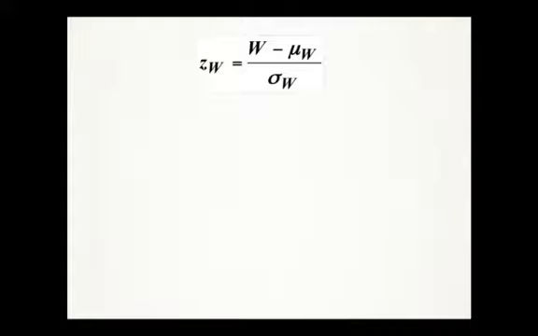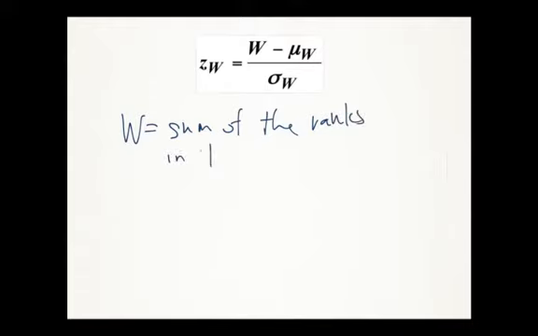Now we have these new variables to define. W is the sum of the ranks in the smaller group. Okay, so what do we mean by that?